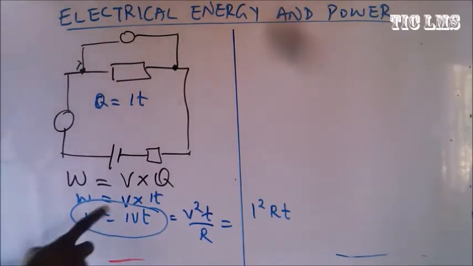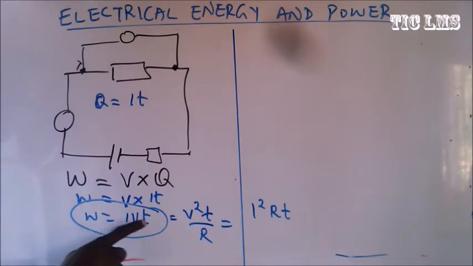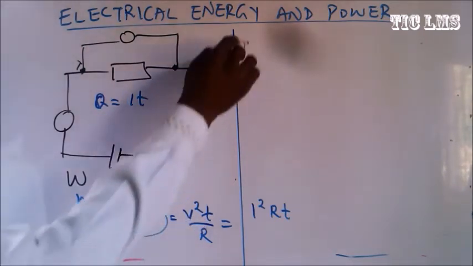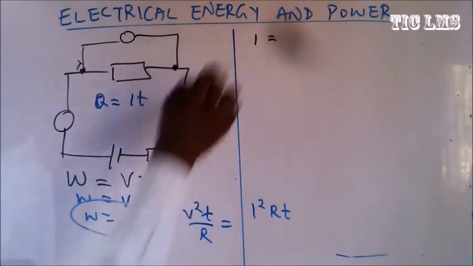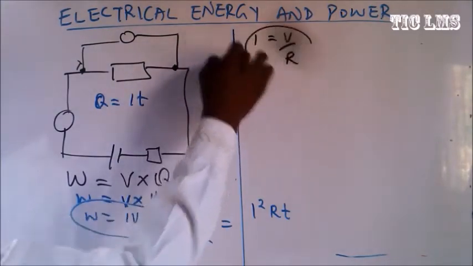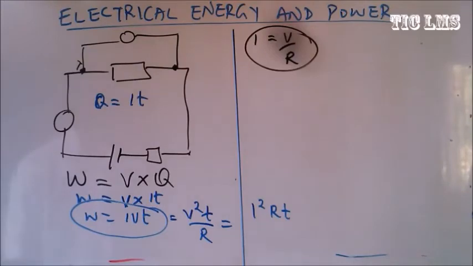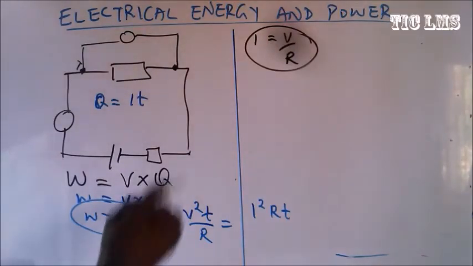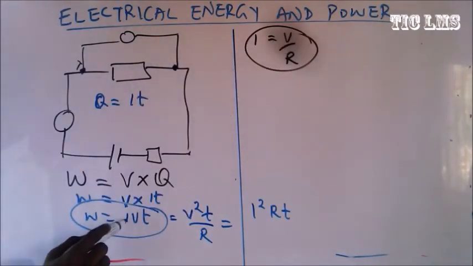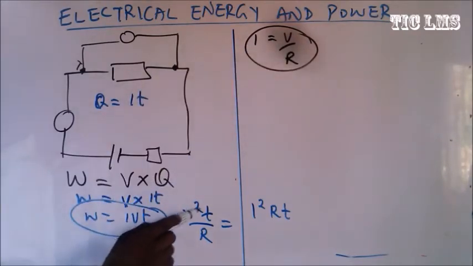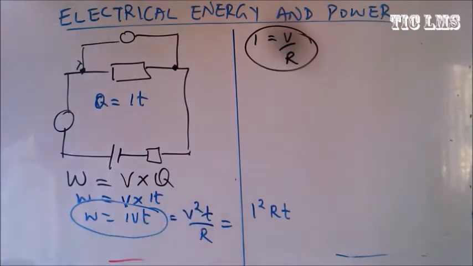Reason being that, for instance, if you are not given I and you have V, T, R, what you can easily do is to note that I equals what? V over R, according to the electricity formula. So if I equals V over R, you replace this I with V over R, and you would arrive at V squared T over R.